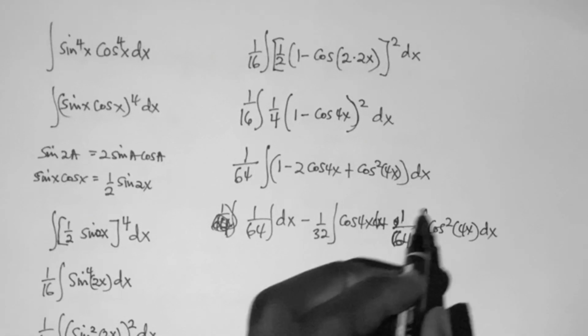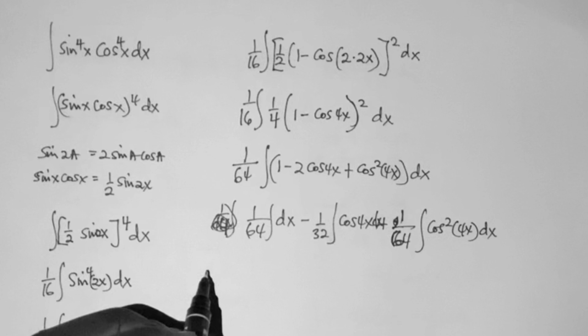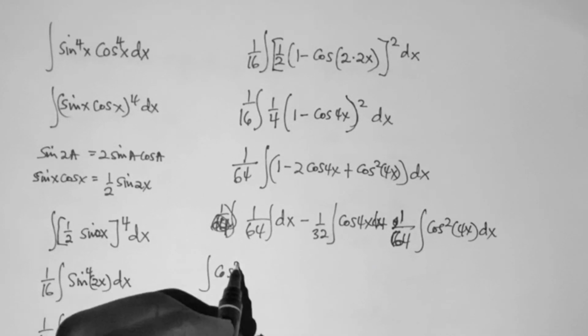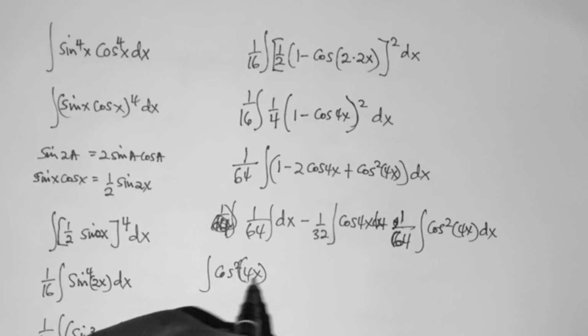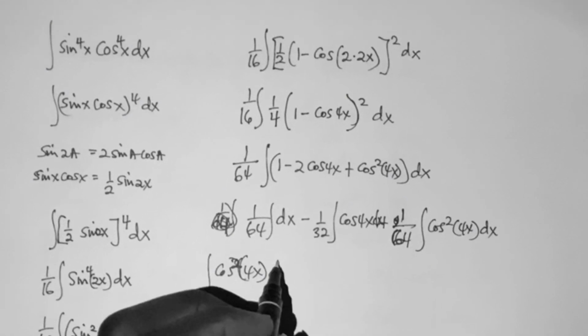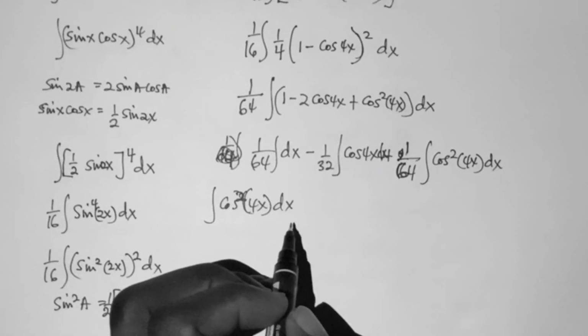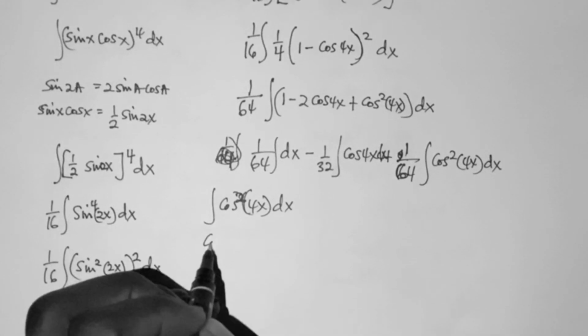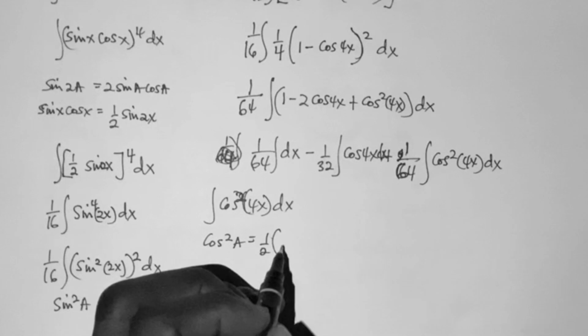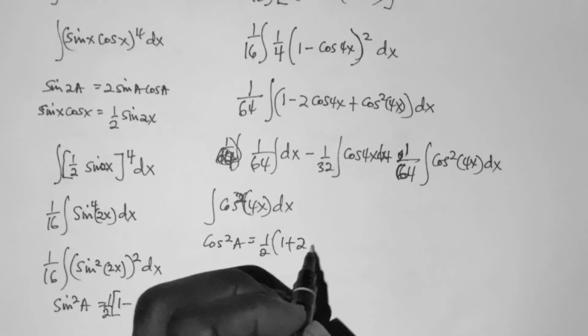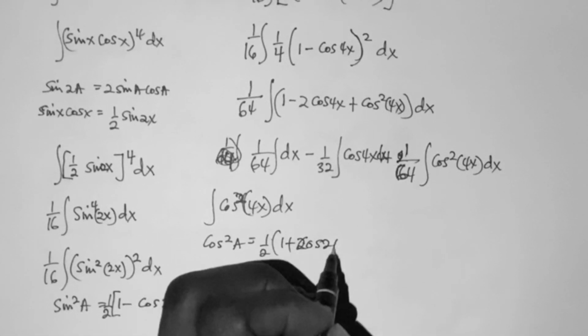Now let's do this integral. What is the integral of cos squared 4x dx? We know that cos squared a is equal to half of 1 plus cos 2a.